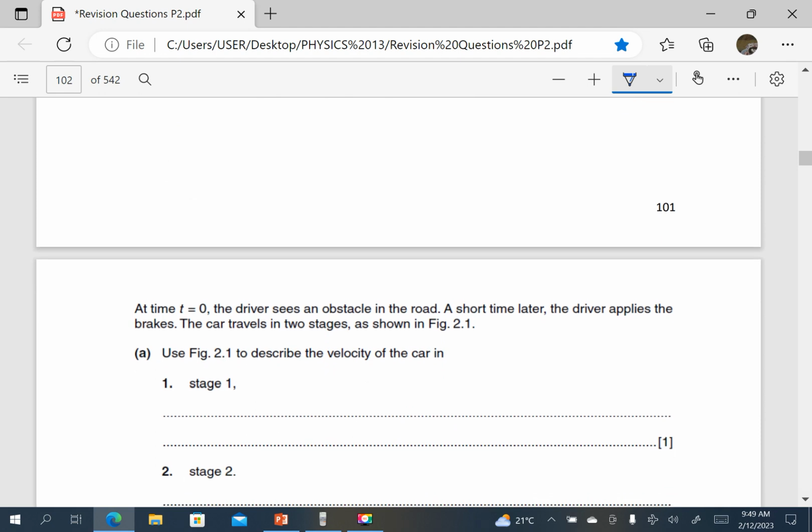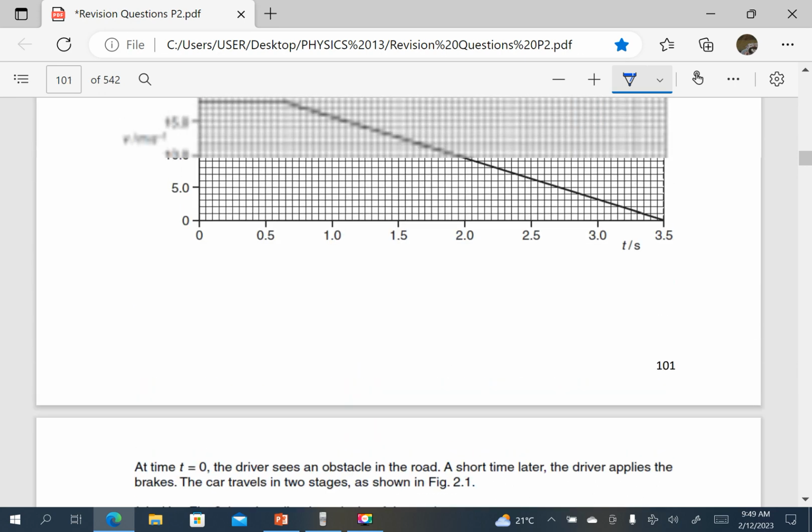Okay. So at time t equals 0, the driver sees an obstacle in the road. A short time later, the driver applies the brakes. The car travels in two stages as shown. Use the figure to describe the velocity of the car in stage 1.